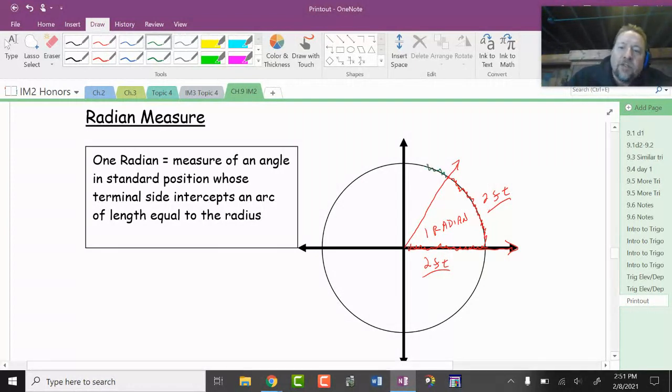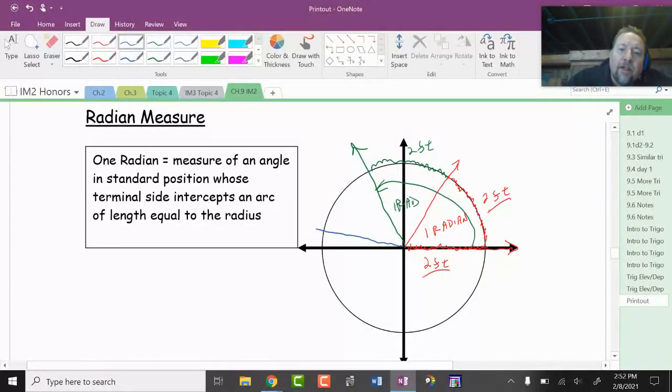And then, of course, as the video kept going, this is like another 2 feet. So this is another radian, the 1 radian. But this angle measure from here to here is 2 radians, right? And that's the idea as we keep going. You notice from the video, they kept going.